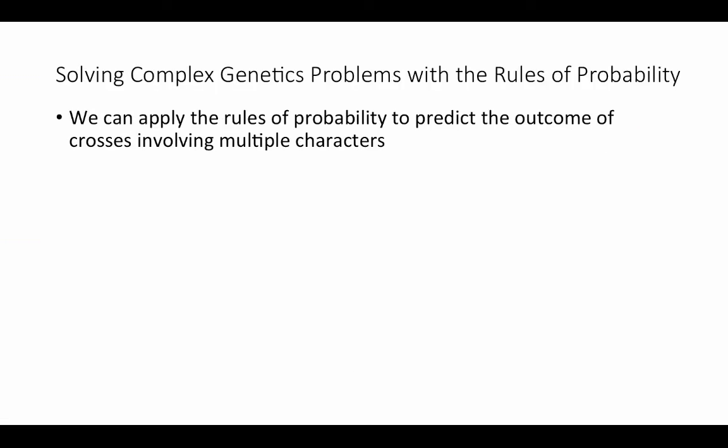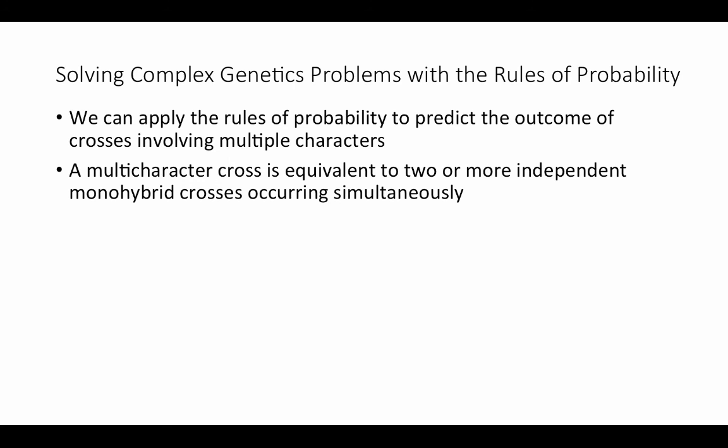So you can use these and or rules, these multiplication and addition rules, to solve much more complex genetics problems. There are detailed examples of this in your book. We're not going to worry about it too much for our purposes, but be sure that you understand that we can apply these rules of probability to predict the outcome of crosses involving any number of characters.